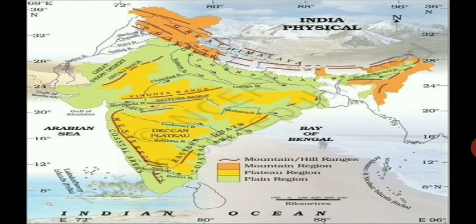In the plateau region, the Deccan Plateau is in yellow color, and the Vindhya range is also in yellow. So these are showing the Indian physical map.